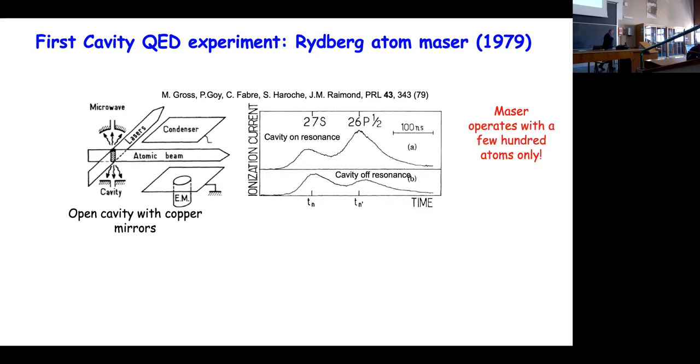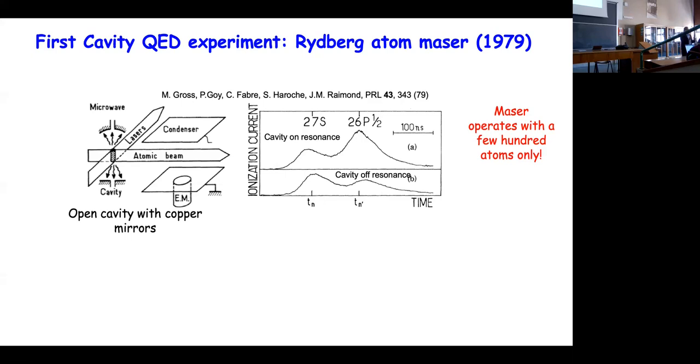And one day, what we observed is that even if we didn't apply any microwave, we saw the atoms going from the 27s to the 26p state, even if no microwave was applied. What we only had to do was to tune the cavity, the distance between the mirrors, to the point where a field could build up, to the point where the wavelengths of the field would match the boundary condition of the cavity.